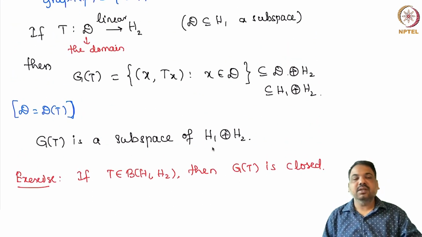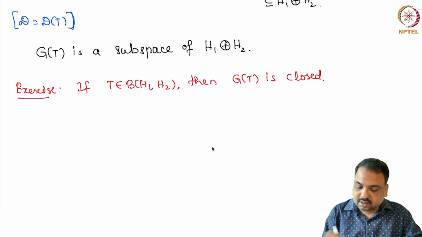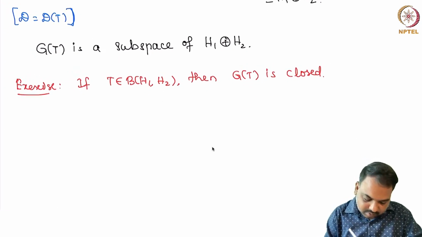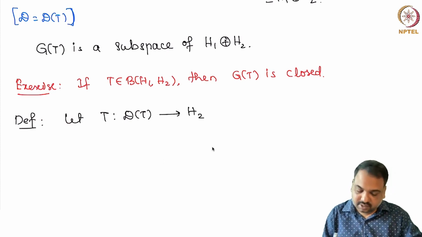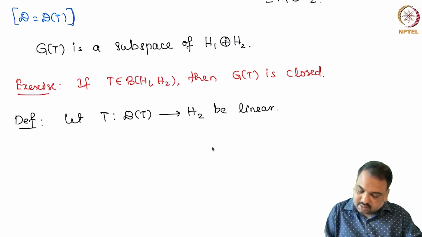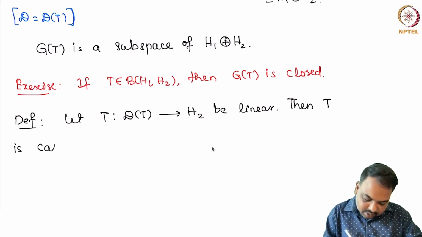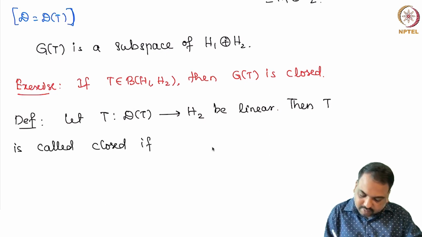Such a map we call a closed operator. Okay, so definition: let T be a linear map defined on D(T) and taking values in H2, where D(T) is a subspace of H1. Then T is called closed if the graph of T is closed.